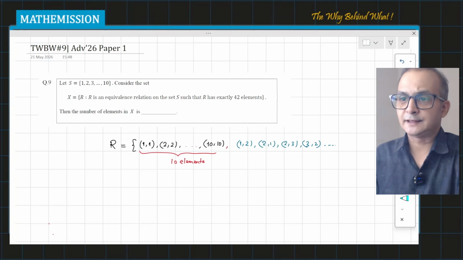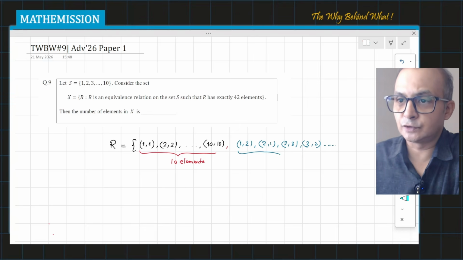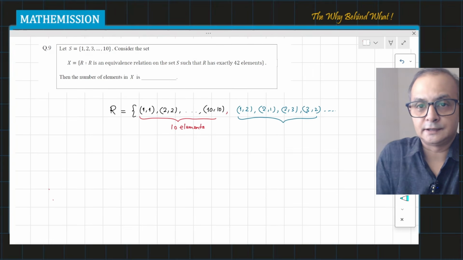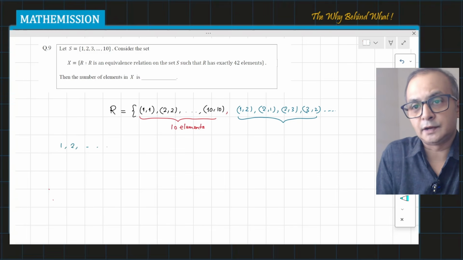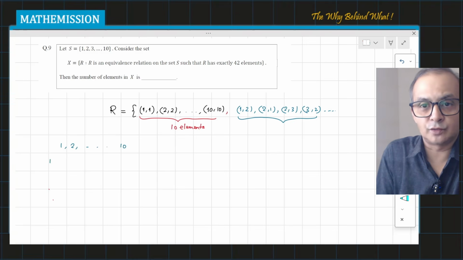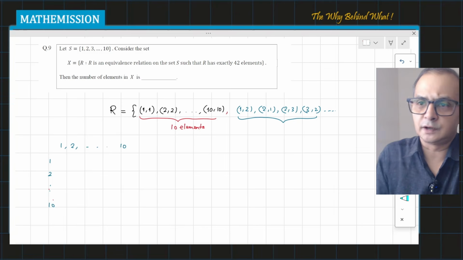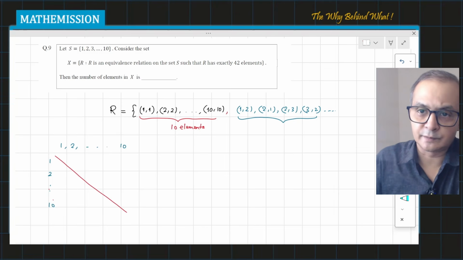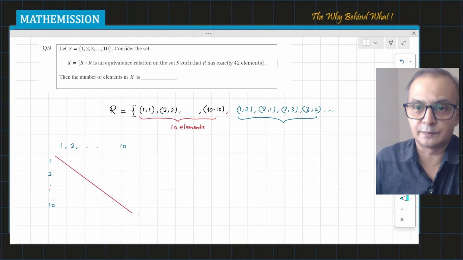So in this construction, try to visualize what is happening. It is like I have 1, 2, 3 up to 10 elements, and here also 1, 2. It is not necessary to do the diagonal or matrix thing, but you may understand better from here.